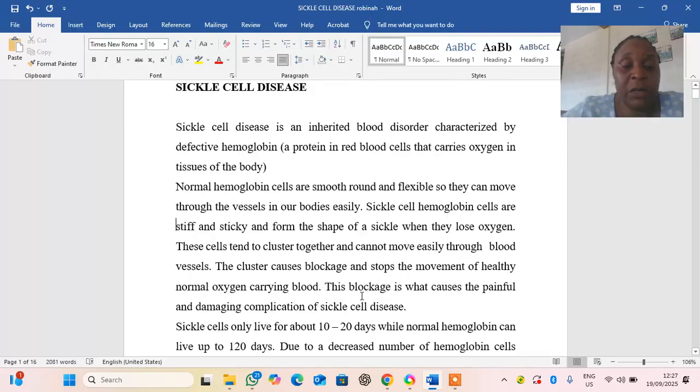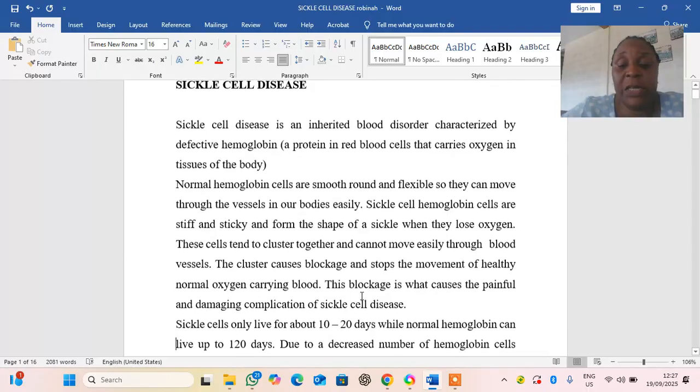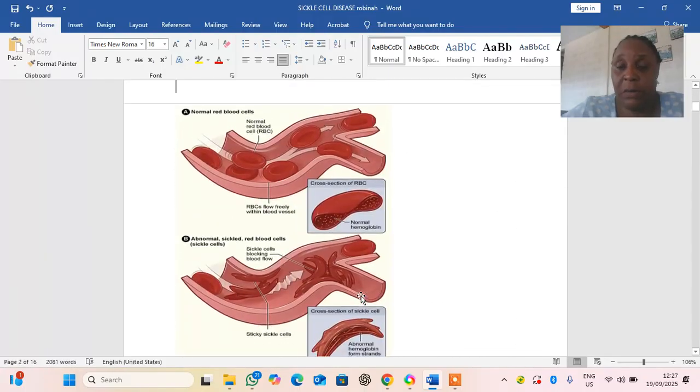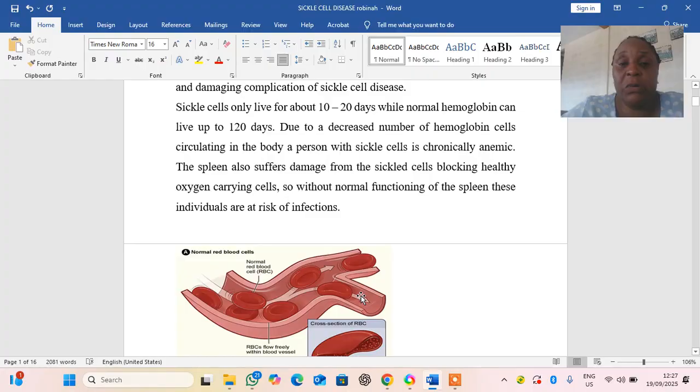Sickle cells only live for about 10 to 20 days, whereas normal hemoglobin cells live up to around 120 days. So sickle cells have a very short lifespan, and they die out more frequently compared to the normal red blood cell.